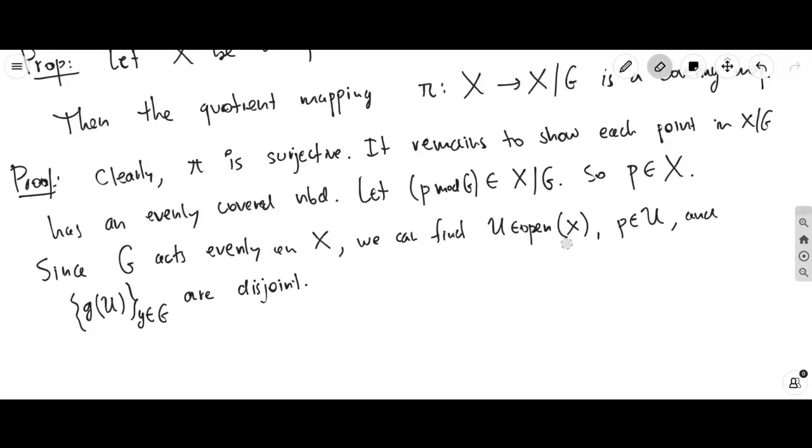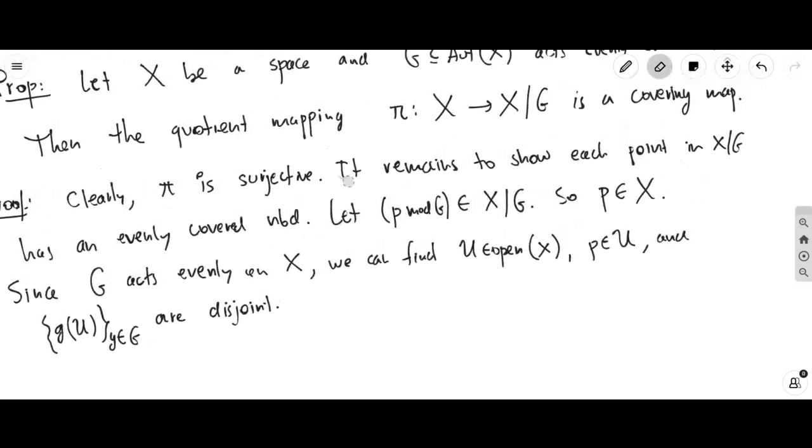We can, of course, always assume the open set is path connected. Okay, but how do we get a neighborhood in the quotient? What we ultimately care about is the quotient. So how do we get a neighborhood in the quotient?